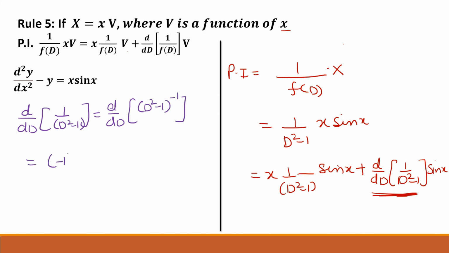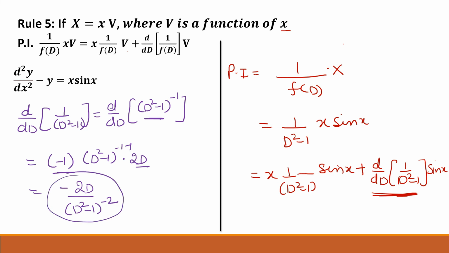This will be minus 1 (D square minus 1) power minus 2, into, by chain rule, the derivative of this thing, that is 2D. So if I solve this, minus 1 into 2D, that will be minus 2D over (D square minus 1) squared. Okay, so now put this value here.